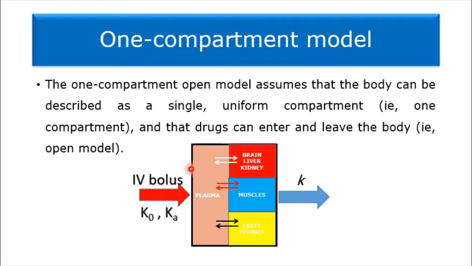As we said before, this compartment model considers that the drug is uniformly distributed within the one compartment. But this does not mean that the concentration in the plasma is similar to the concentration in liver, brain, kidney, muscles, or even fatty tissues, but they usually exist in equilibrium, which means that the rate of transfer of drug from plasma to muscles is equal to the rate of transfer of drug from muscles to plasma.